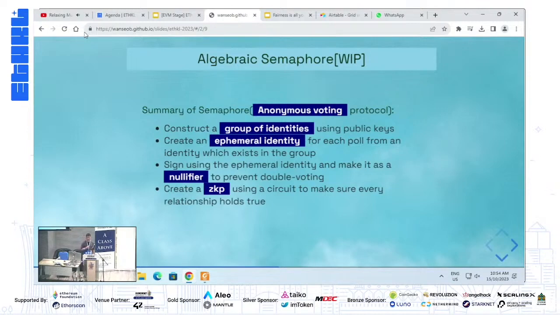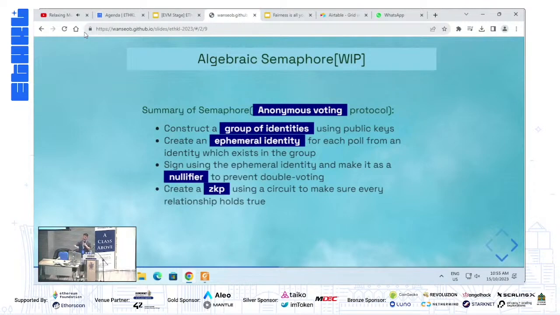First, you construct a group, mostly something like a Merkle tree, a group of identities using the public keys. And then from the public key that you have committed, we create an ephemeral identity. Exactly speaking, from your private key, we derive an ephemeral identity for each poll.